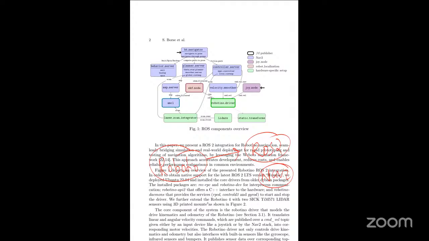This is showing the components overview of ROS. Here we have different colors, right? We have pink color, we have green color, white, etc., right? We will see one by one.